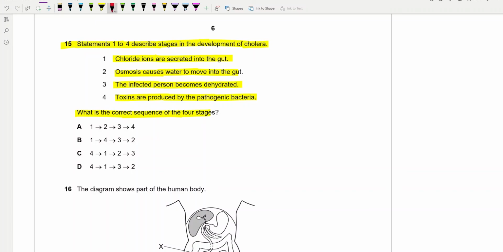So, first the bacteria would produce toxins, so number 4 would be the first, and then chloride ions are secreted into the gut would be number 1. Osmosis causes water to move into the gut would be number 2. The infected person becomes dehydrated would be number 3. So the correct option would be option C.